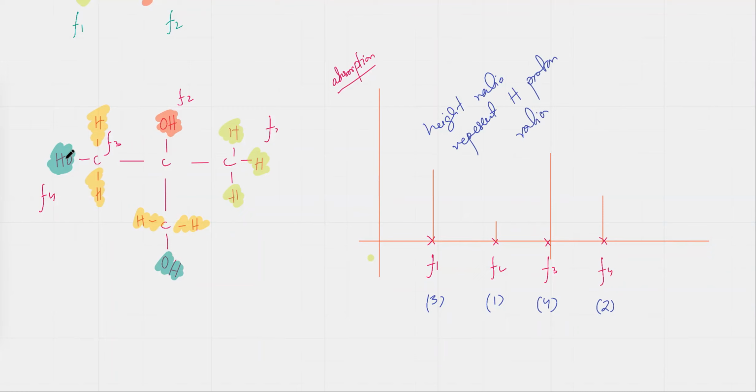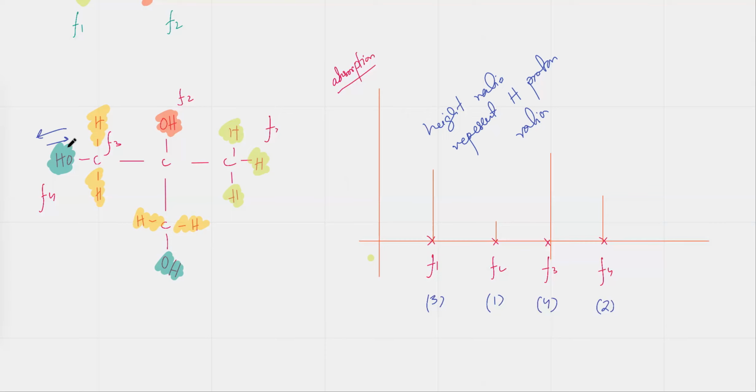So what is it similar to? H proton or which one is it similar to? I mean, this H proton is resonating, right? Okay. It's absorbing a frequency, its proton is resonating. This H proton and this H proton are exactly the same. Okay.